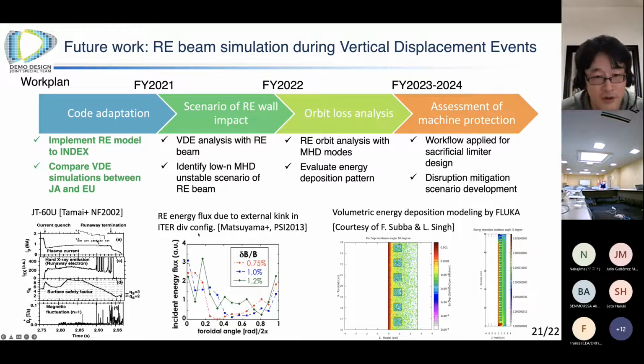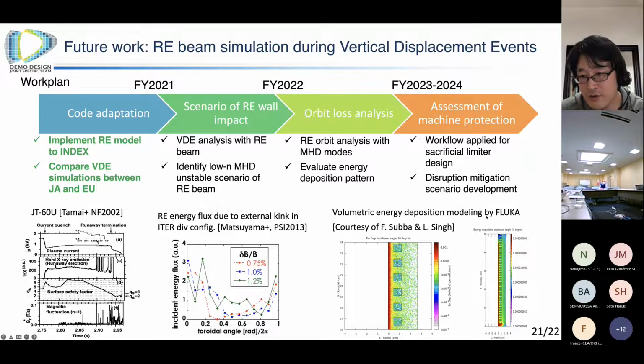So our goal is to evaluate such MHD stability and the runaway wall load by coupling the INDEX code with the orbit following code. And these data will be provided to the EU colleagues, and they can analyze the volumetric heating of the wall by the runaway electron using the Fluka code.